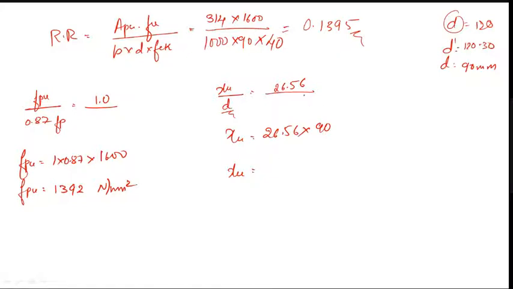Sorry, this is not the ratio, this is xu, 26.56, divided by 90, which is 0.295.